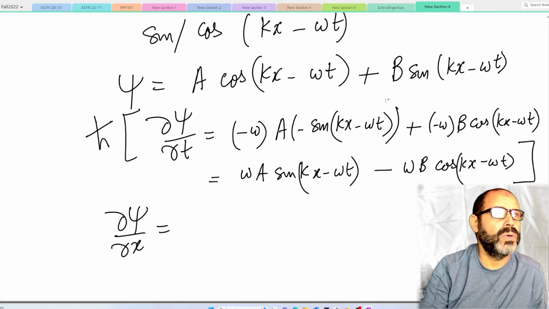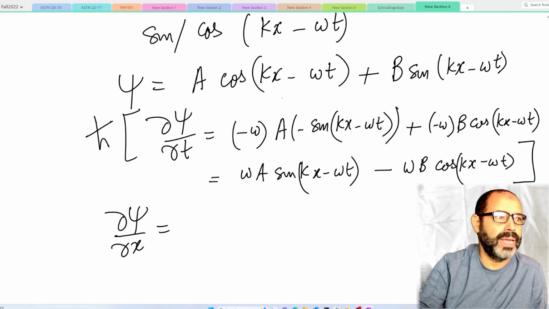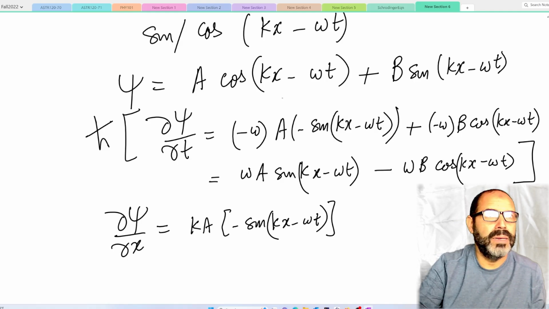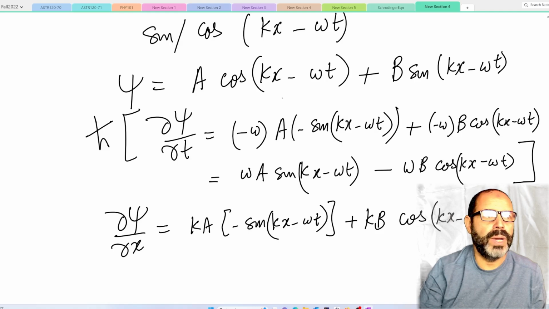And that, of course, the cosine will pick just a k in this case, a, and the cosine switches to a negative sine of kx minus omega t. And in here, I'm going to have a kb plus kb, and just the sine switches to a cosine. This is not hard to see.